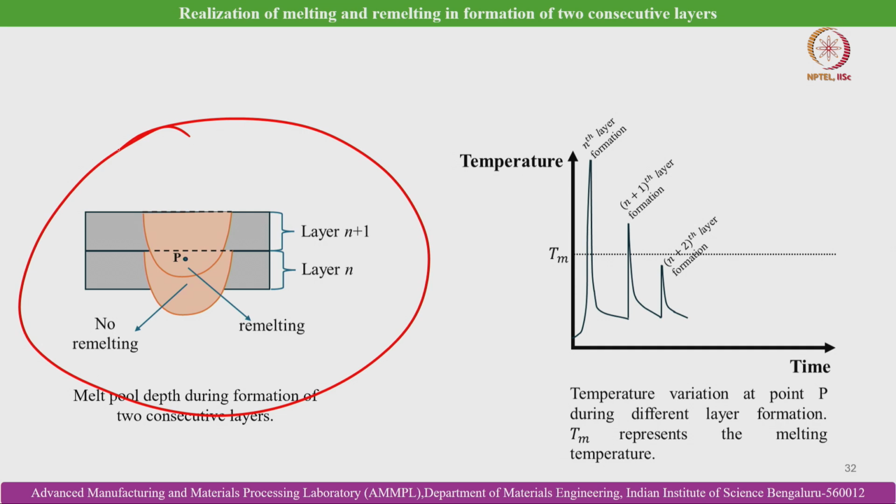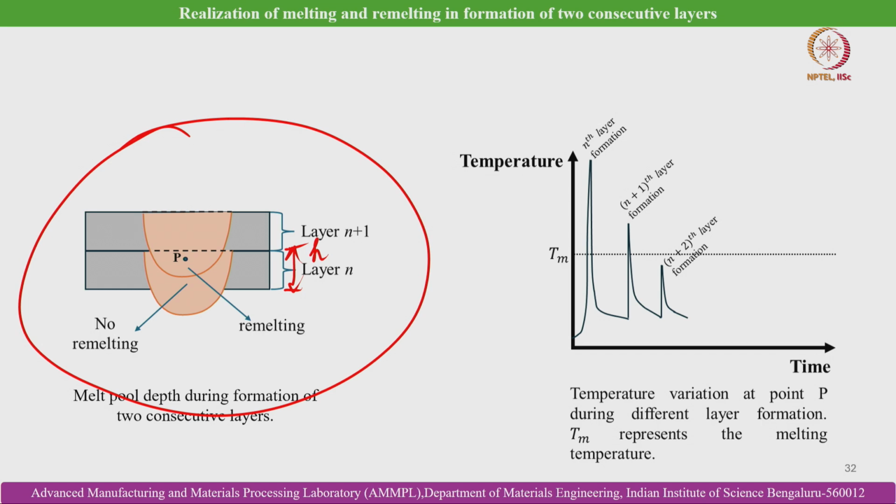So, you see, although the deposited layer thickness is, say, H, when the heat source, the laser source, impinges over the typical layer, it penetrates even deeper. That means it differs more than the H. In case of the first layer, it causes some amount of melting of the substrate plate, and with the subsequent layer deposition, it impacts the previous layer already deposited, and it causes remelting of the solidified microstructure of the previous layer.